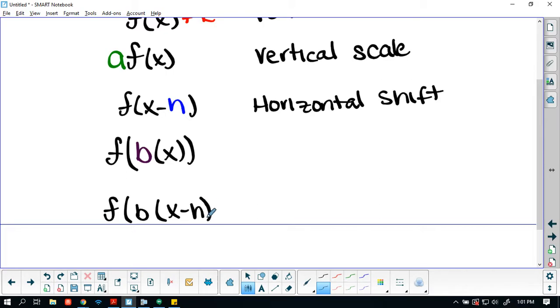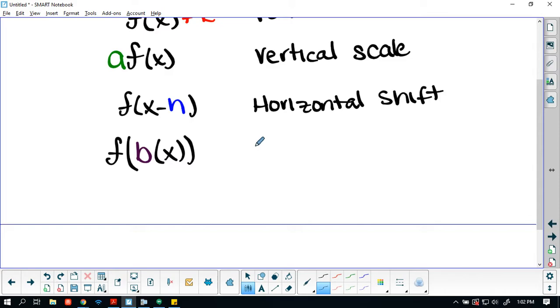So if I had something like f of bx minus bh, you want to pull that b out. You want it to be in the front. You want it to be factored out.